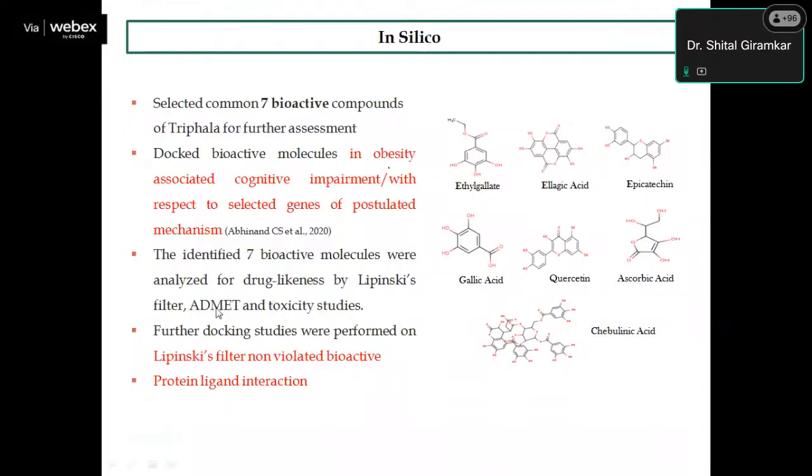Further, we carried out ADMET analysis and toxicity studies, where we found all the compounds were safe, and protein-ligand interactions were also carried out to see how it is working.